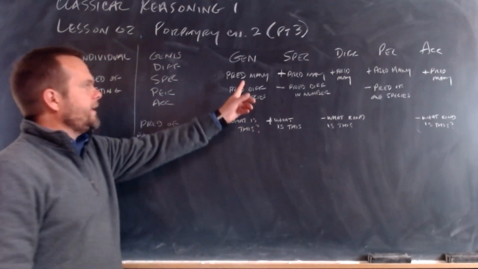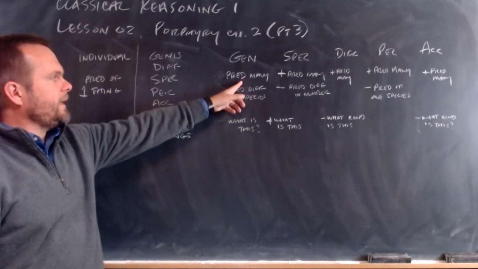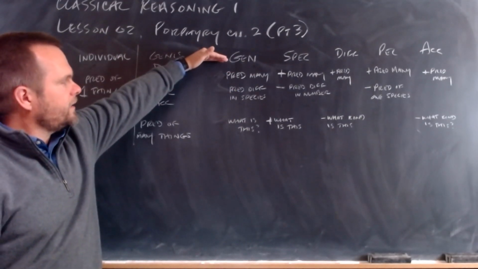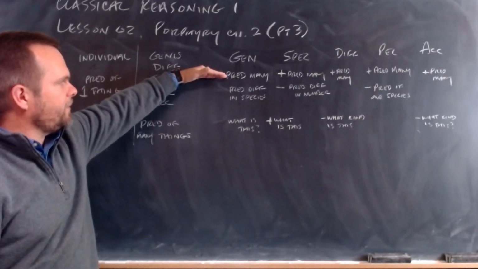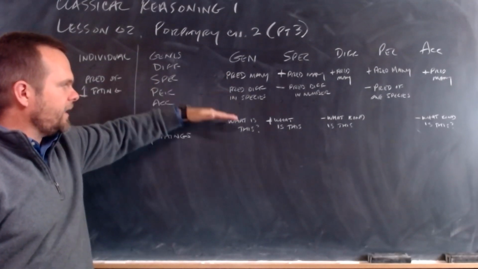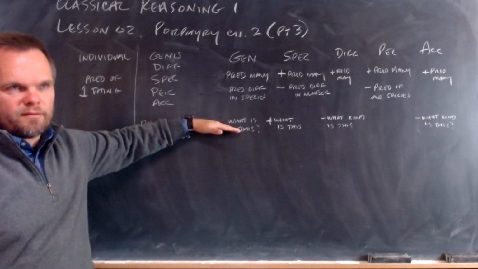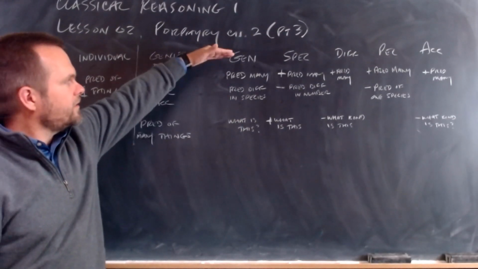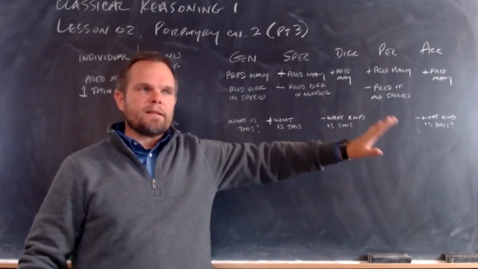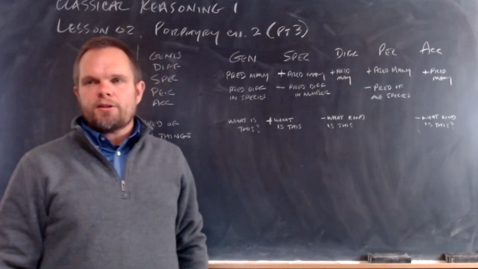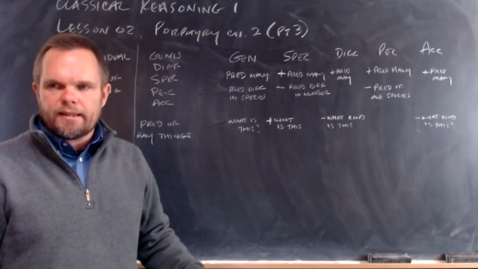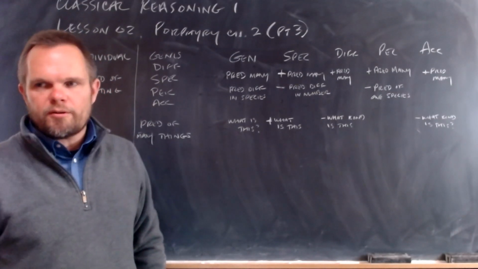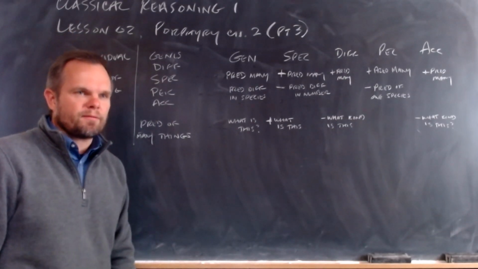And if you look over here real quick, you'll see that we have the definition of genus. A genus is something that is predicated of many things differing in species, answering the question, what is this? You see that? Now, I don't think you understand all this stuff, and that's okay. We're going to work through it patiently. It takes time. But you understand it more than you did yesterday, and that's what matters.